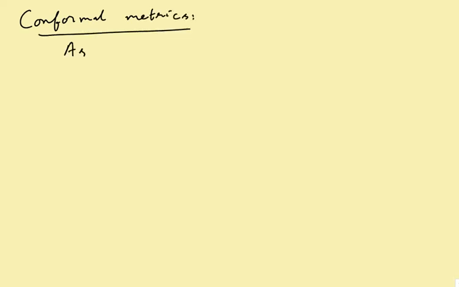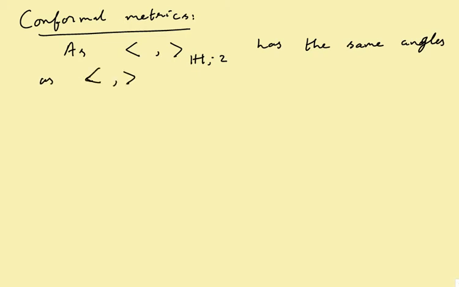Okay, so this inner product at whatever point z has the same angles as our usual inner product, which I'll put an E to emphasize is Euclidean.